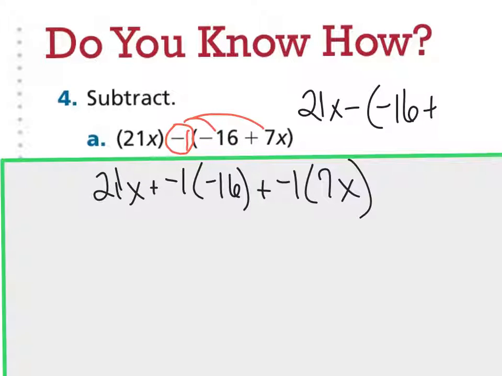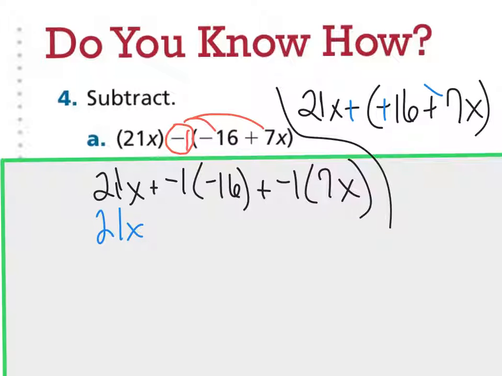The other option is adding the opposite, changing the signs of everything in the set of parentheses. If we did it this way, we got the 21x. Negative times negative would be a positive 16, and negative times positive would be a -7x.